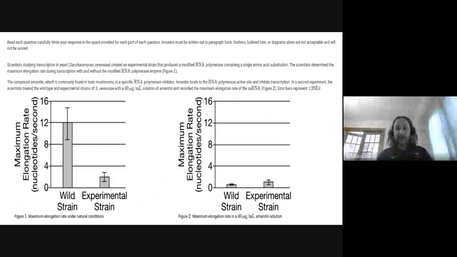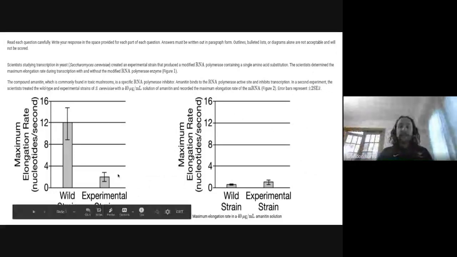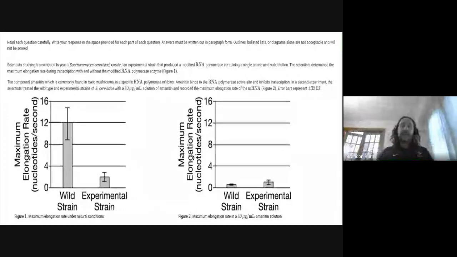And so we have a wild strain and an experimental strain, which they tell us has a single amino acid substitution. So as I'm reading this question, if I was trying to strategize this as an AP student and this was the question I got, I would immediately start jotting down notes as I read this. So if I read RNA polymerase, I might just jot a little note for myself like, okay, this is probably going to be about transcription, because that's what RNA polymerase does.